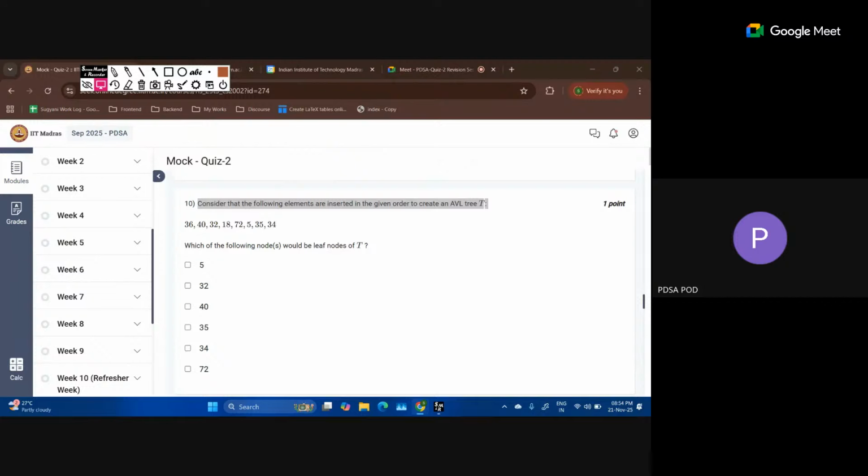Now the question is, which of the following is the leaf node? Construct the AVL tree and we will be able to find the leaf node.